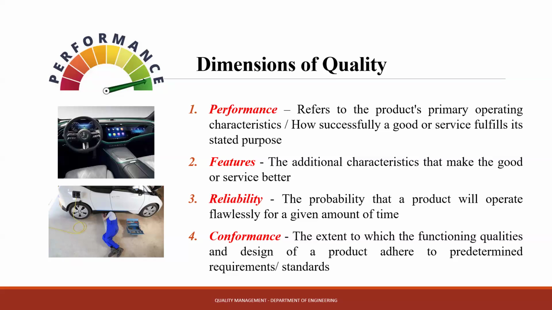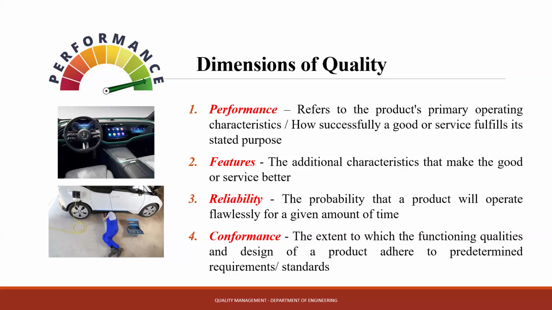That is another dimension. It is the extent to which the functioning qualities and the design of the product adhere to the predetermined requirements and standards. It is the same as the quality of conformance that we discussed earlier, right?